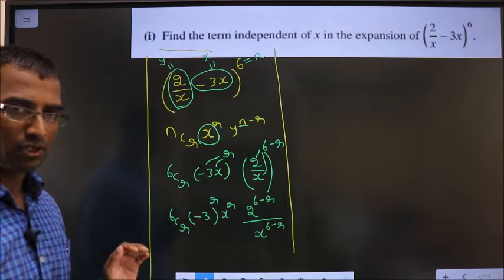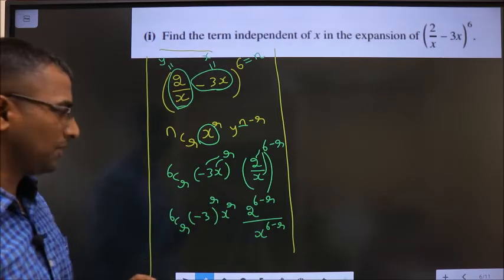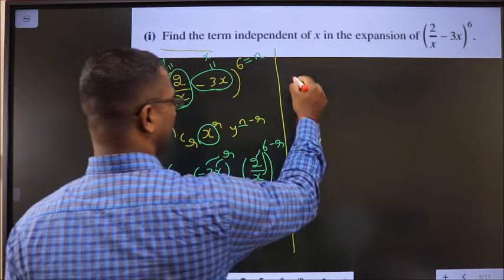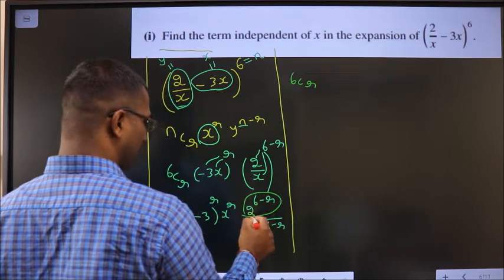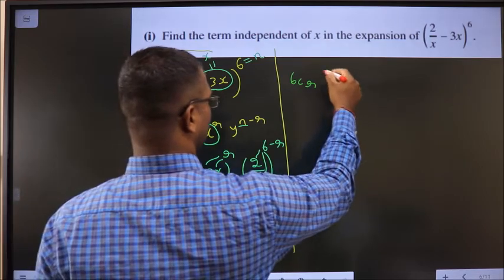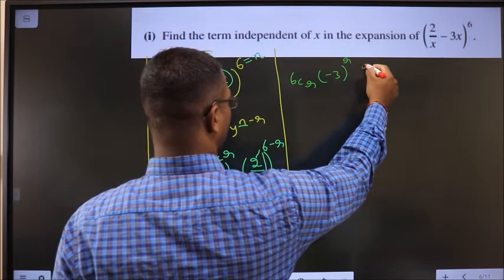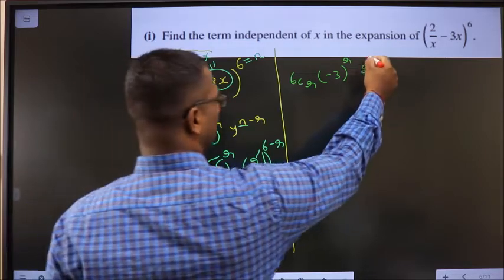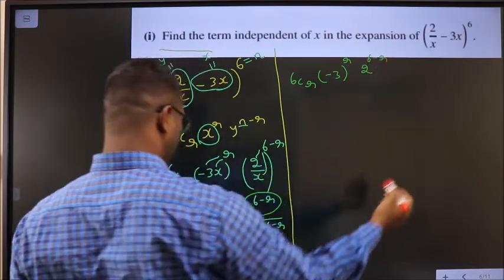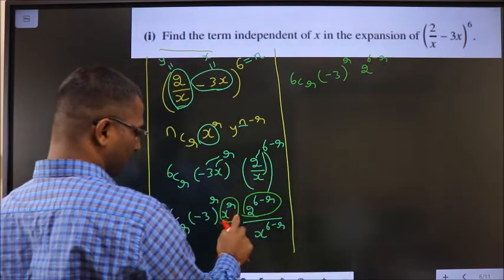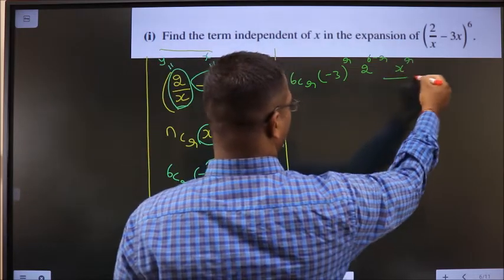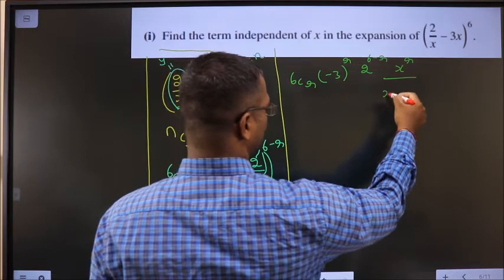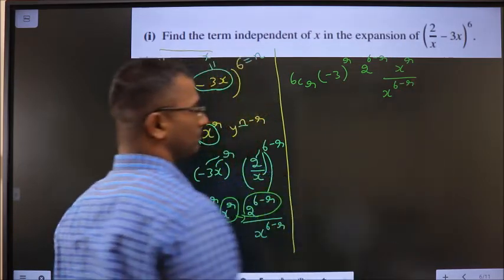What I mean is, this 2 power I write before. So it's (−3)^r, 2^(6−r), and x^r at last, and in the denominator x^(6−r).